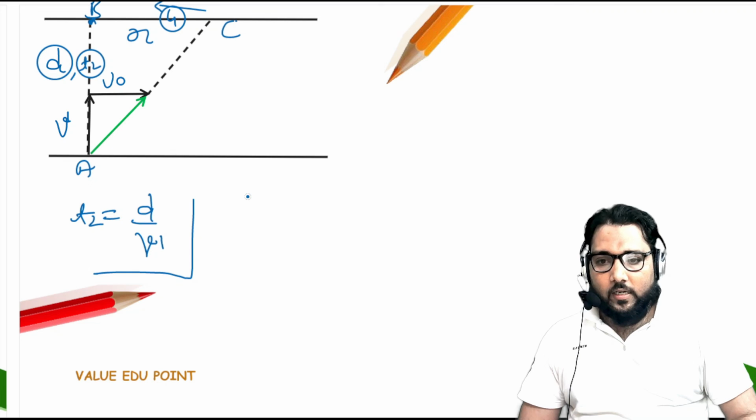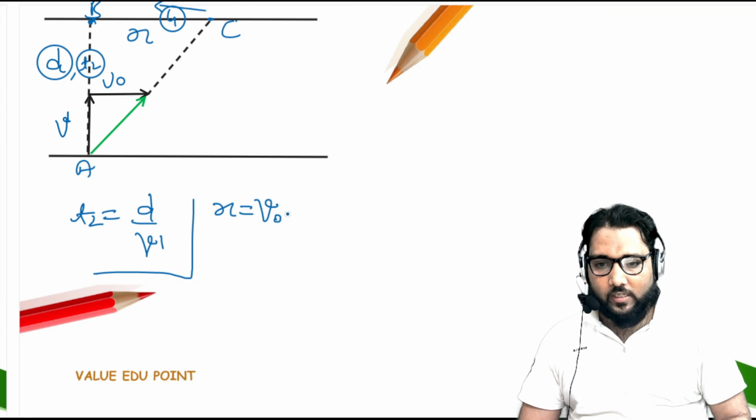Again, in the horizontal direction he reaches here, so he covers this x direction also. So x is equal to the horizontal velocity v naught into the same time t2. I replace the t2 value here, so x comes out to be v naught d upon v dash.